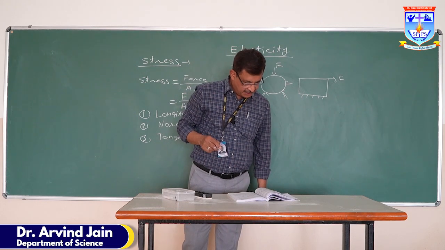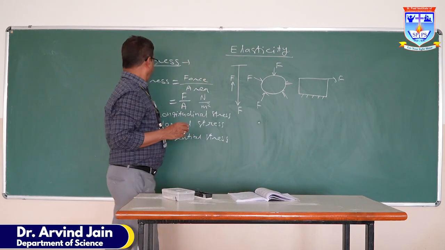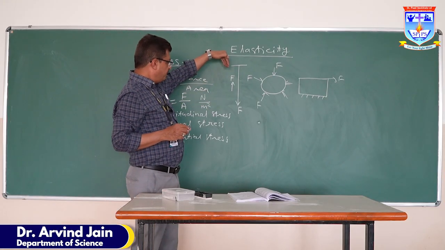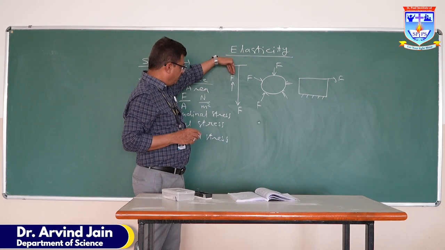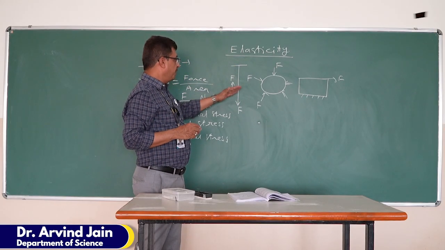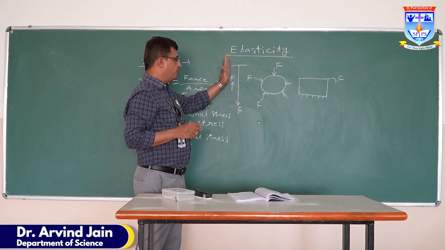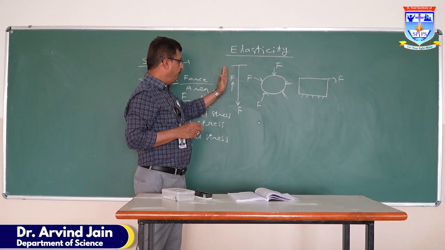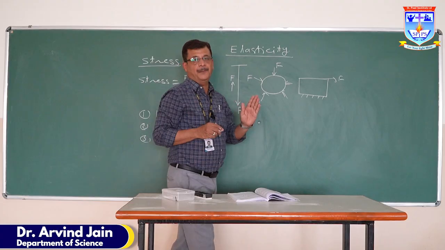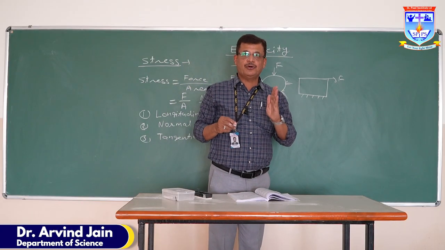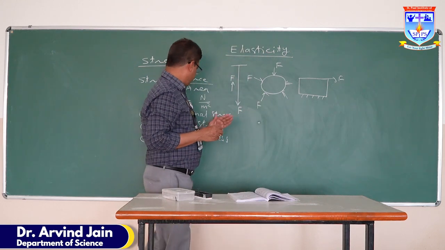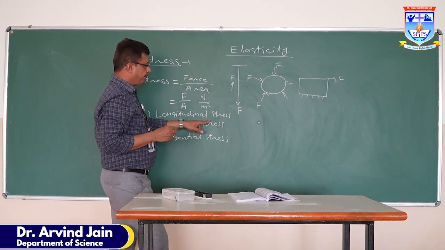First, longitudinal stress. When an external force is applied on the body along the length, then a restoring force is produced in the body. The value of restoring force which acts on unit area of cross section of the body is called longitudinal stress. Then second is normal stress.